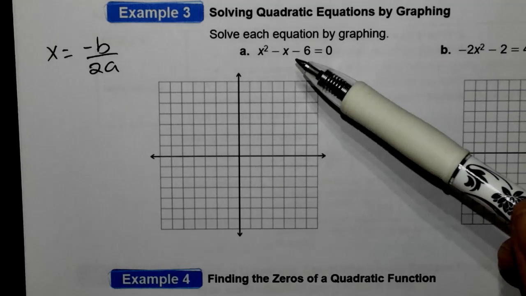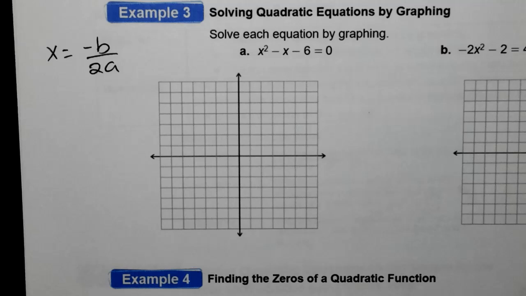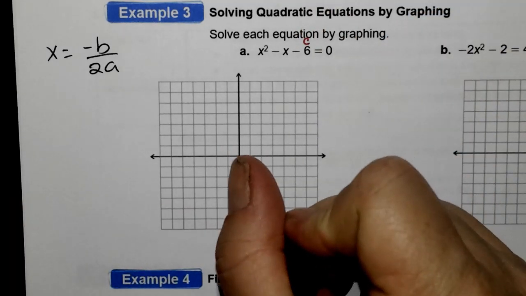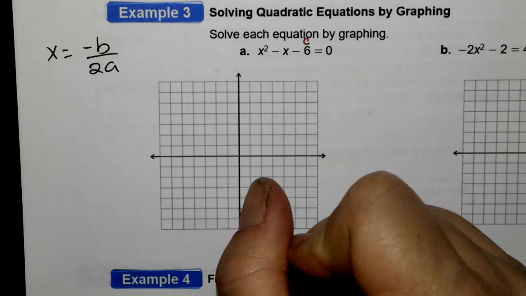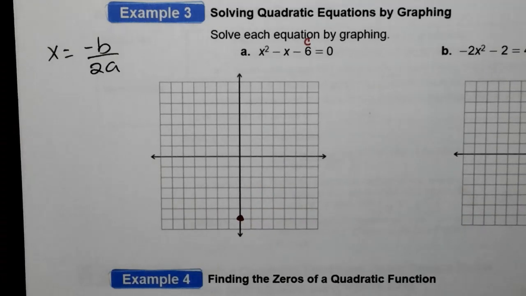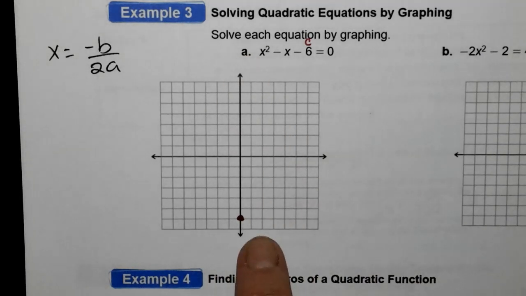And then we know that this -6 is an important part on our graph, right? We know that this is your y-intercept, so we already know 1, 2, 3, 4, 5, 6. So we already know that that is a point right there on our graph. So we got 1 point. We know this opens up, so that means our vertex should be below this somewhere on either side. Don't know which side yet.